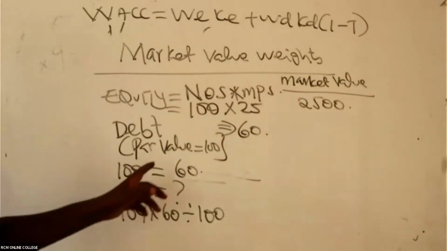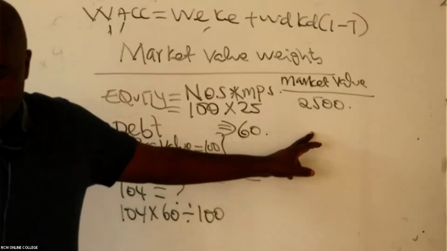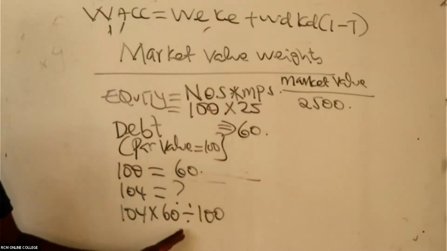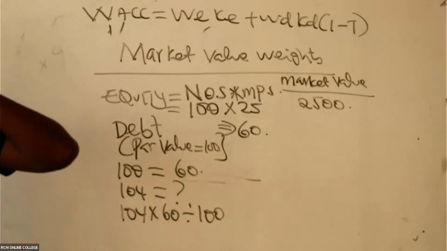So then what is the figure here, somebody? What is the market value of debt? 104 times 60 divided by 100. Are you able to give me the value? PO stands for what here?